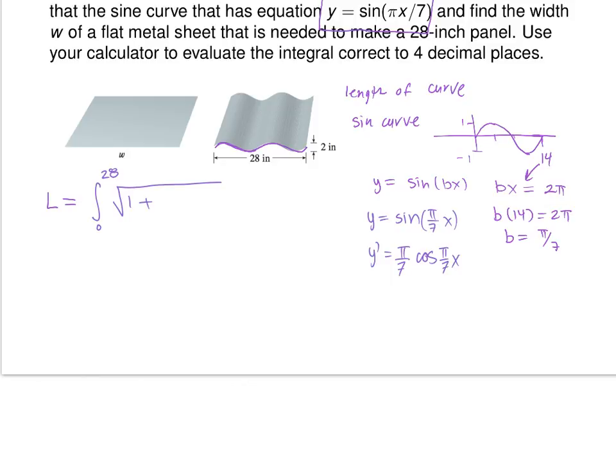So that'd be 1 plus pi squared over 49 cosine squared of pi x over 7 dx. And then it says use your calculator. They assume you have a calculator that can integrate, but given take-home questions, you have the internet to help you integrate, right? So this is approximately equal to 29.3607.